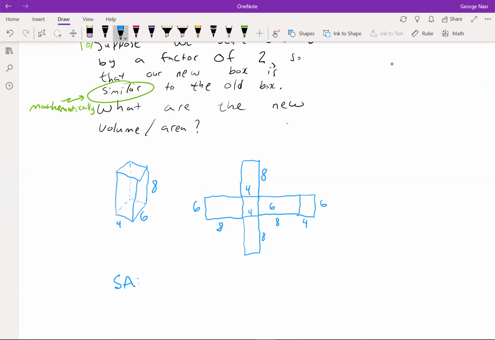So the new surface area: we've got two rectangles of area 6 times 8, two rectangles of area 4 times 8, and two rectangles of area 4 times 6.